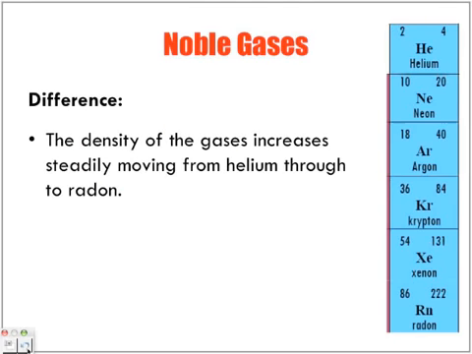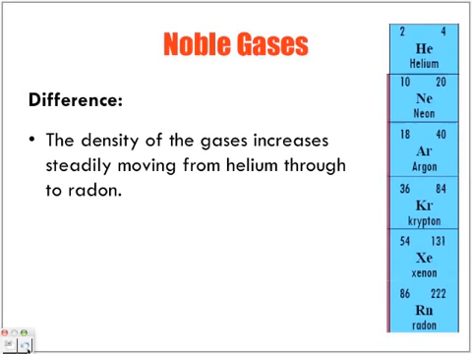Differences: the density of the gases increases steadily, moving from helium through to radon. If we were to use these gases to blow up balloons, the one that will rise the highest would be the one filled with helium. Neon is more dense than helium, so it can also be used to keep a balloon up in the air, but it won't rise as quickly as helium.